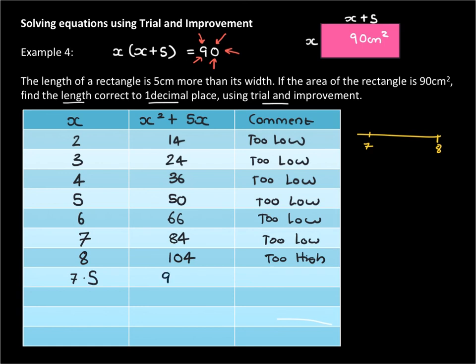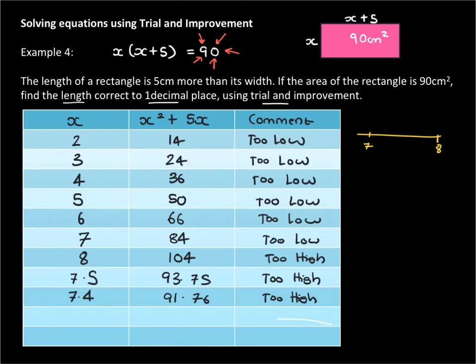So that's 93.75, which is too high. So I'm going to try 7.4 and see what we get with that. Now that is 91.76, which is also too high.